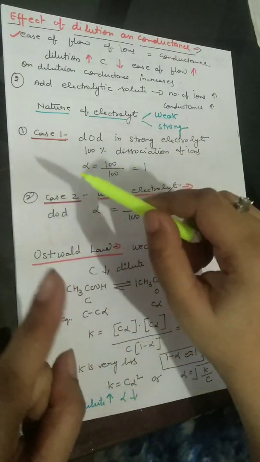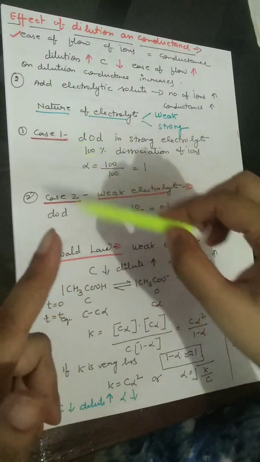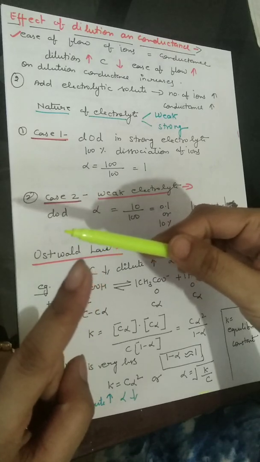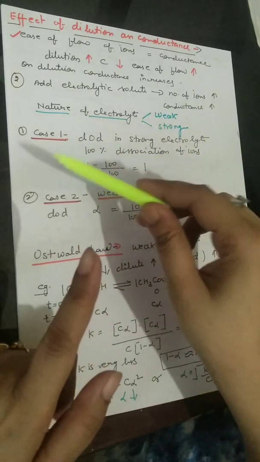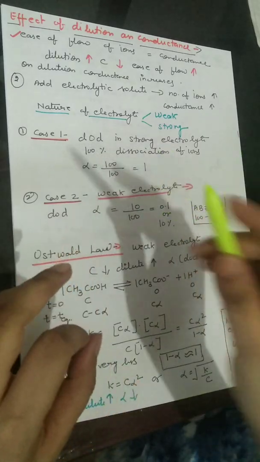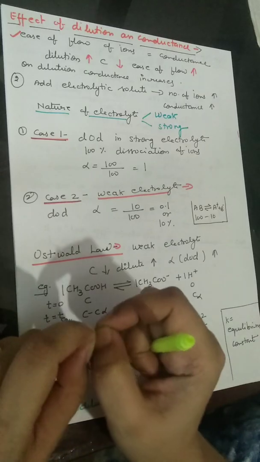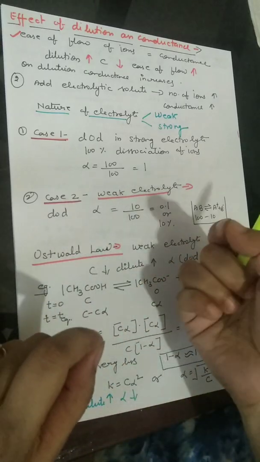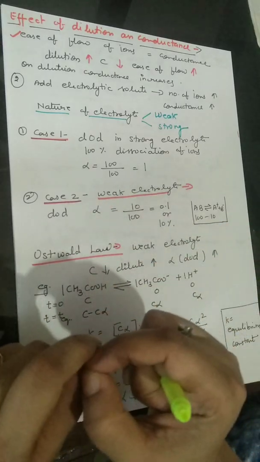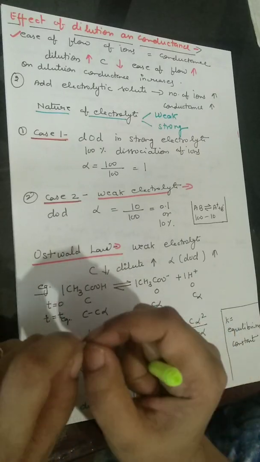So as the flow of ions increases, the conductance also increases, but the concentration of the solution decreases, because as much as we add water in a solution, it becomes diluted, and solutions containing a minimum amount of water are called concentrated.